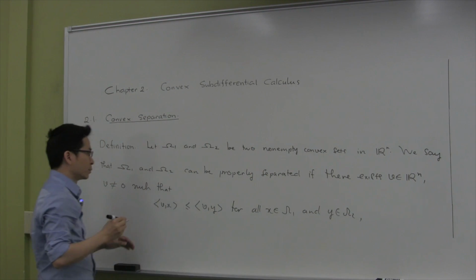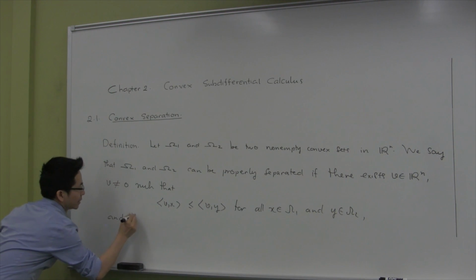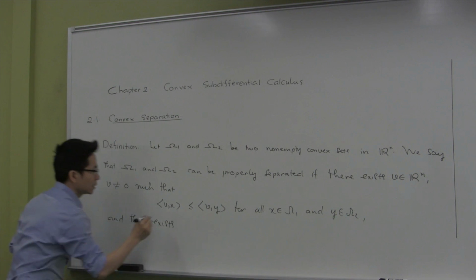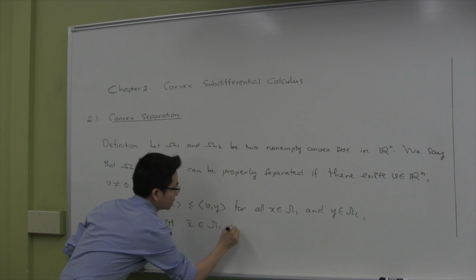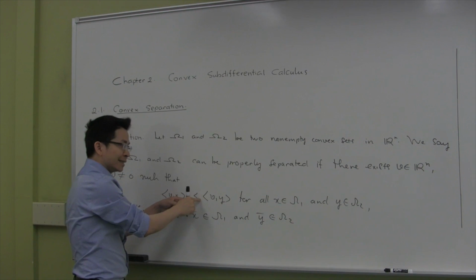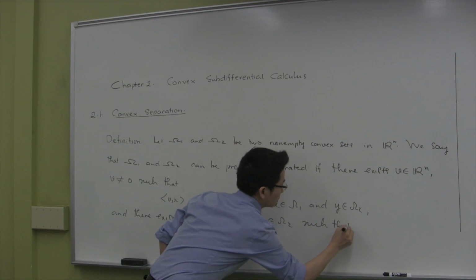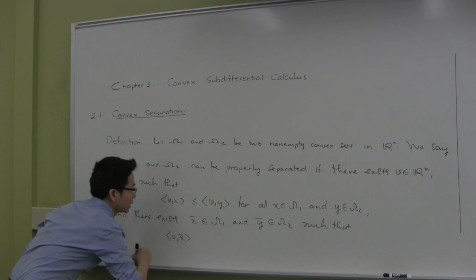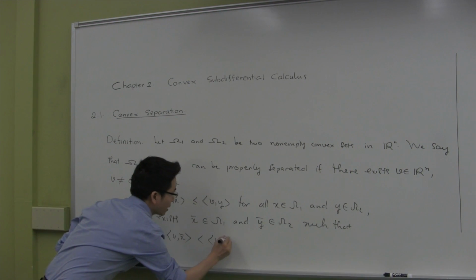And the second property is, there exists X bar in omega 1 and Y bar in omega 2 such that this inequality is strict. The inner product of V and X bar is strictly less than the inner product of V and Y bar. Okay.